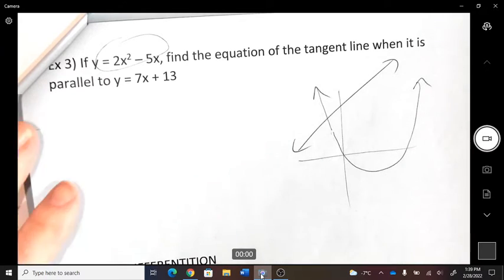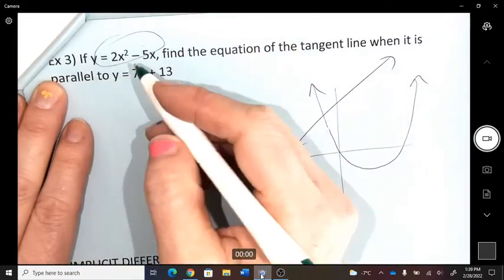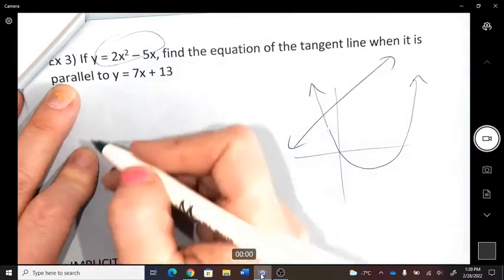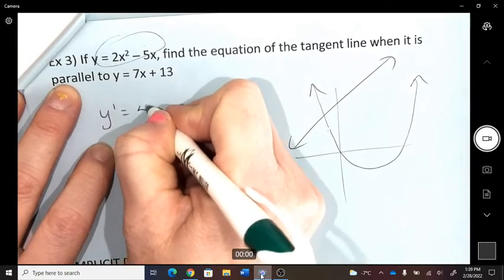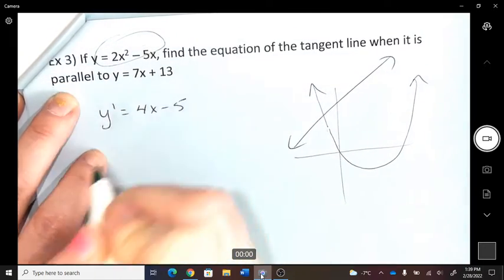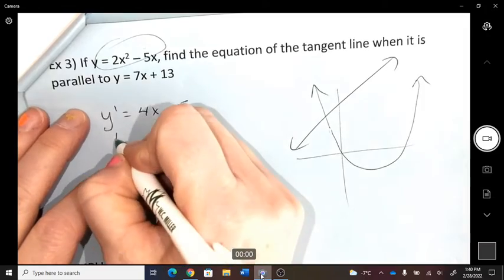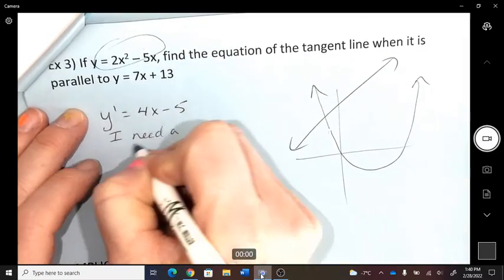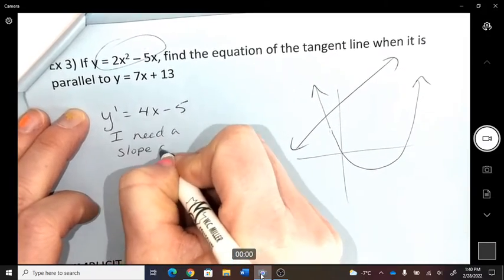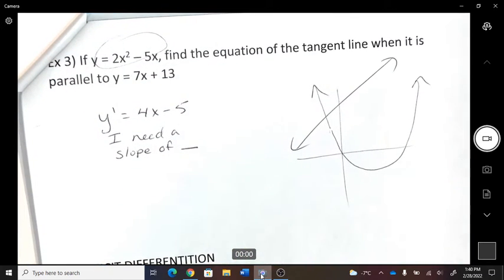Okay, so let's derive this. So 4x minus 5 is the slope equation, the tangent slope equation. I need to figure out, where am I ever going to have a slope of what?